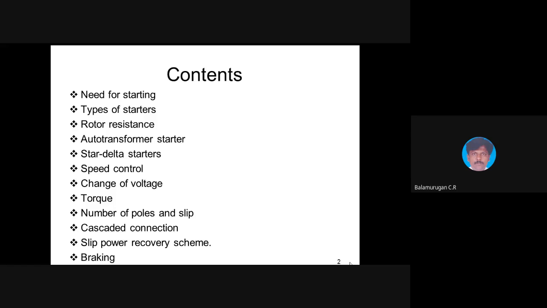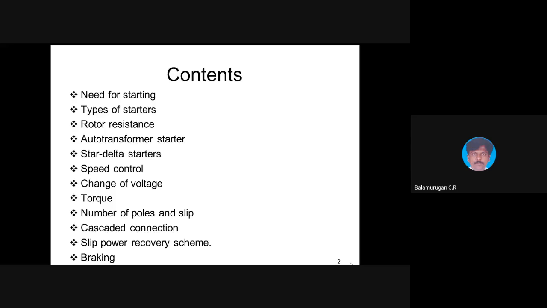For each and every motor there will be a separate starter in the case of DC. The 2 point starter we use for the DC series motor, the 3 point starter we prefer for the shunt motor, and the 4 point starter we use with the compound motor. Each starter has some advantage and disadvantage, so only then do we move to the 3 point or 4 point starter. If we have some disadvantage on the 3 point, then we move to the 4 point.